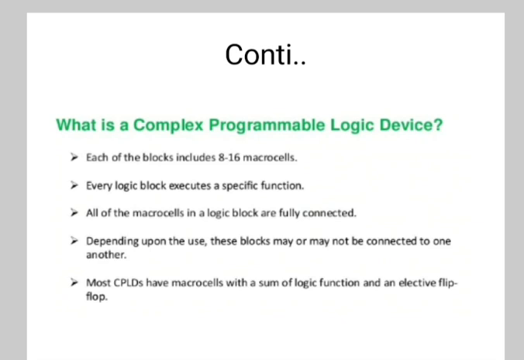Each function is comprised of microcells, each capable of implementing a combinational or registered function. The functional blocks generate outputs that drive the fast connect switch matrix. The logic within the functional block is implemented using sum of products form.